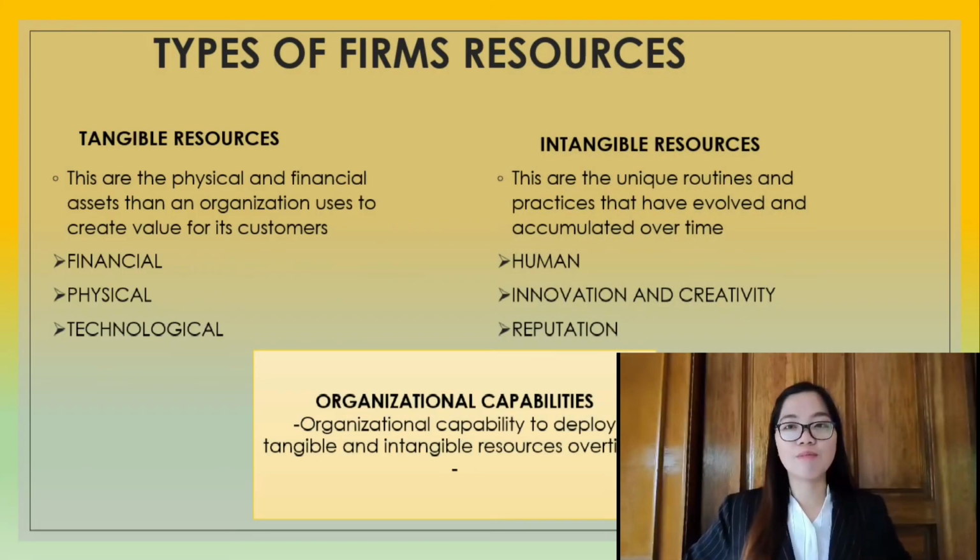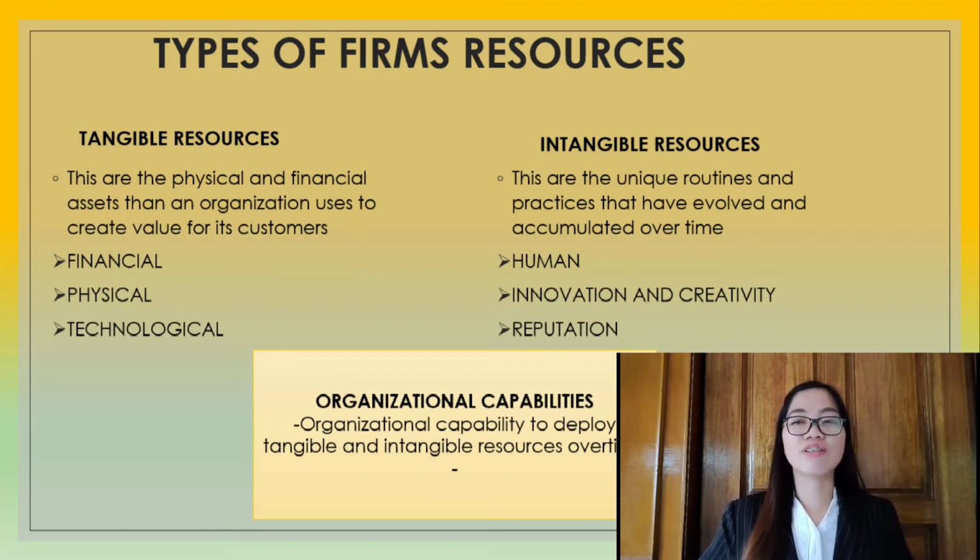There are three types of firm's resources: the tangible resources, intangible resources, and organizational capabilities. First, we have the tangible resources, which include financial, physical resources, technological resources, and organizational resources. These are assets that are relatively easy to identify.